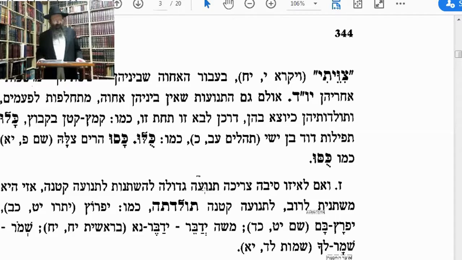Any word which does not have a trop will be connected to the next word which does have a trop. And there's a line on the top which connects them. That line is called a makaf. So whenever you see the word et, it's got a trop and there's no makaf, no connecting line to the next word. When it is connected, it will be es. Okay.